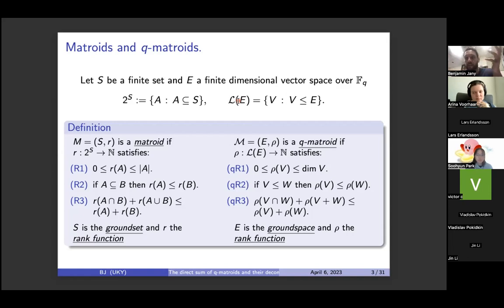For example, is there a notion of graph that would induce a q-matroid in that way? I think some people have looked into that with no success, but it would be interesting to relate this notion of q-matroid to other areas of mathematics, just like what matroids do. And I think that is what's lacking a little bit at this point.